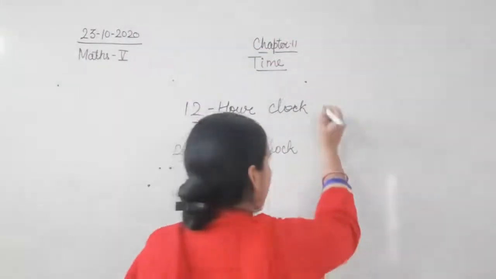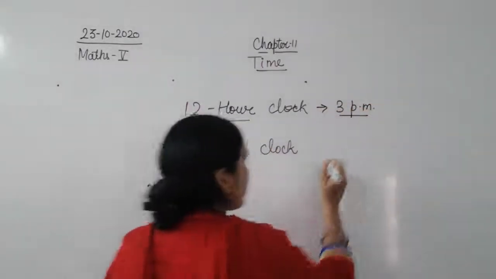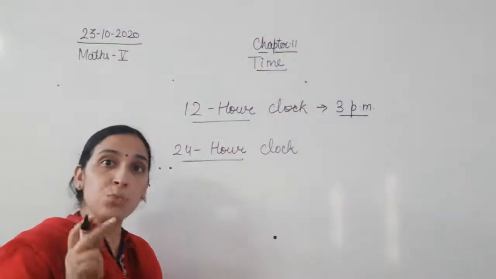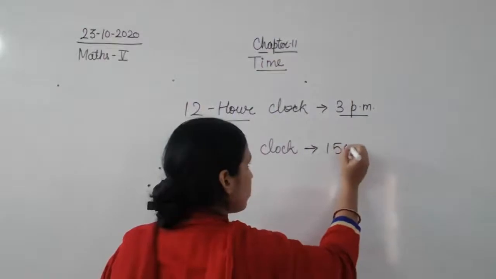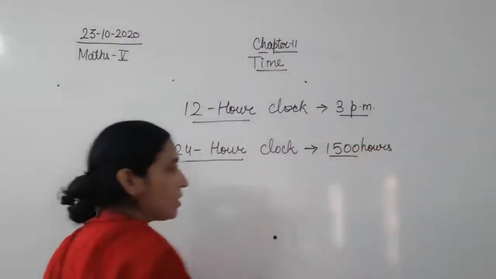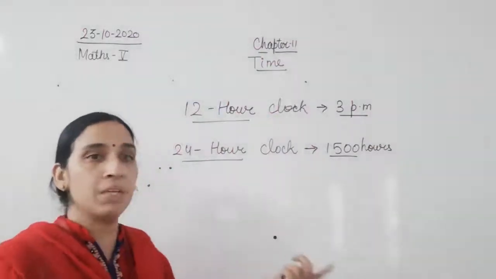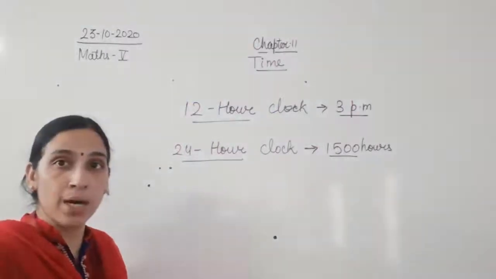But if you write this 3 PM in 24-hour format, you write 15:00 hours. After 12 noon you start counting with 13, 14, 15, 16, and that will be your 15:00 hours.